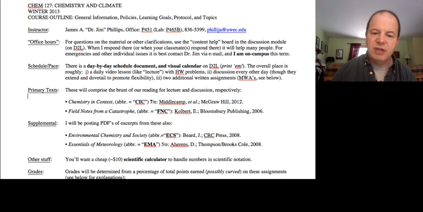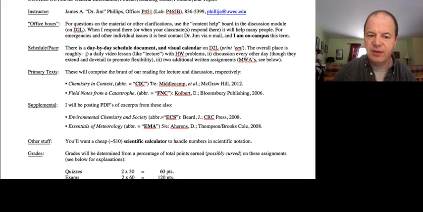About every other day you need to do a discussion, although the discussion windows are flexible enough so that they extend over the adjacent days, but it's approximately one every other day. And there are two additional written assignments that fit in between the quizzes and tests, in addition to a couple of quizzes and a couple of tests. That's the rhythm of the course, if you will.